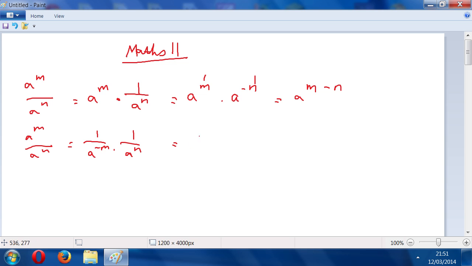Similarly, we're going to get 1 over a to the n minus m. So they work the same. You can see that for the reciprocal we have to subtract in the opposite direction. And that's paying attention to the rules that we had before, with a to the minus n being 1 over a to the n.